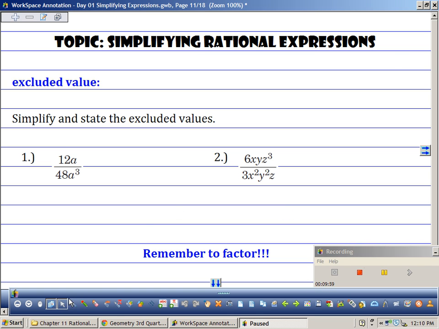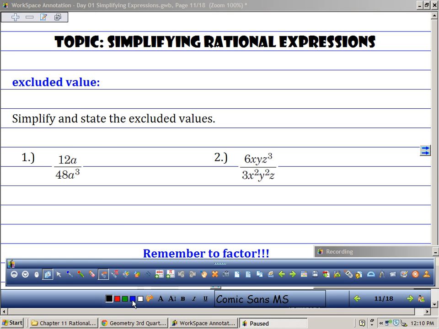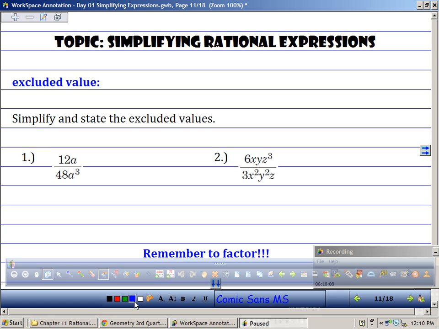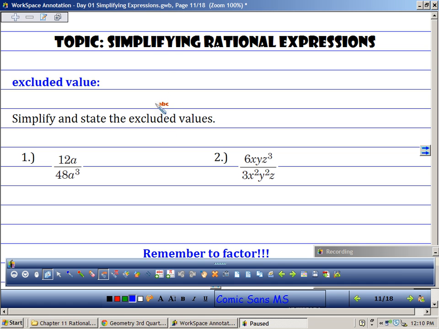Okay, so Vanessa, do you want to come up with a definition for excluded value? You can do it in your own words.